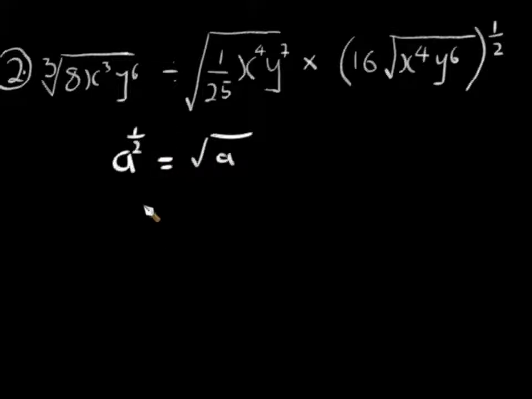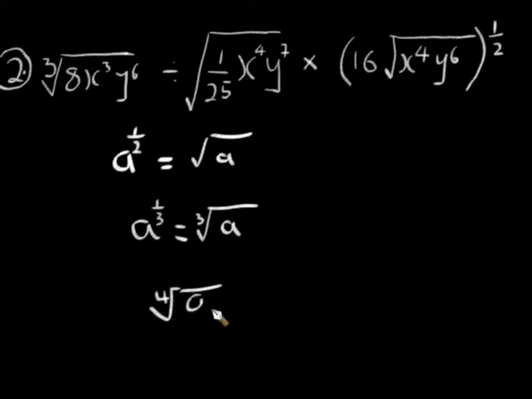In the same way, if you have a raised to power 1 over 3, in this form, this becomes the cube root of a, because the denominator at your power becomes your root. So if we then see the fourth root of a, we can choose to write this back as a raised to power 1 over 4.